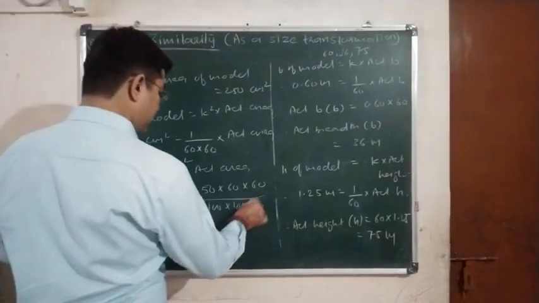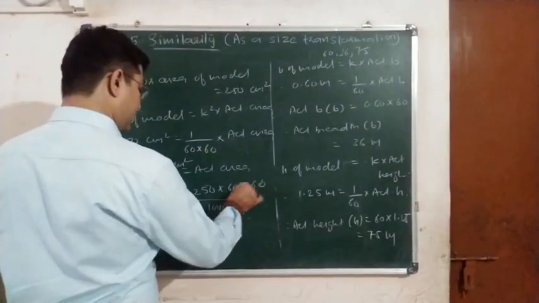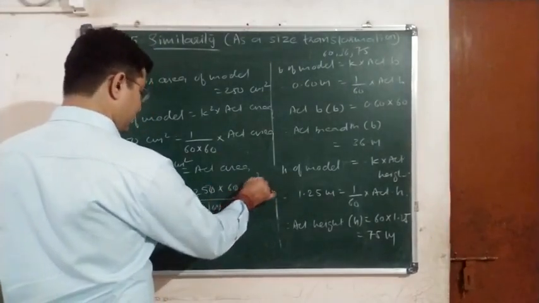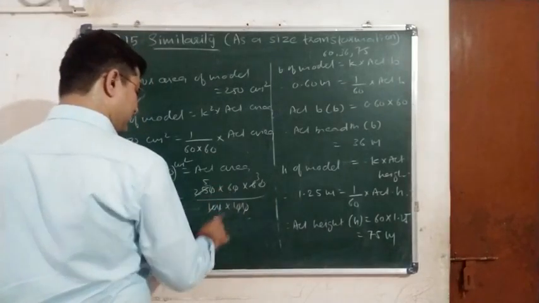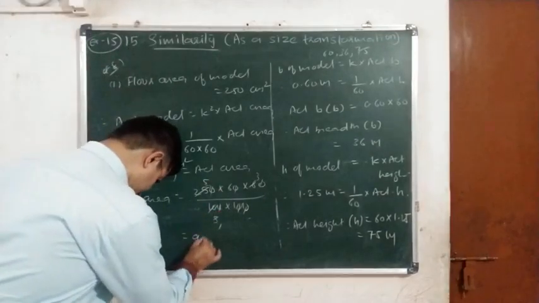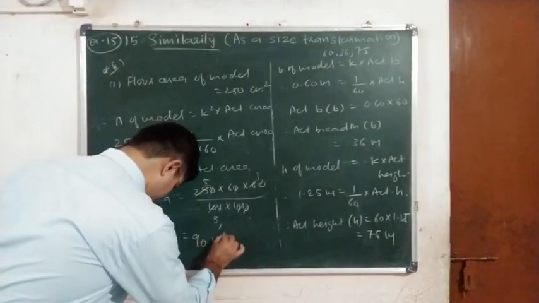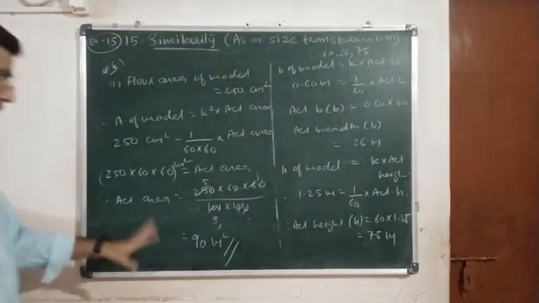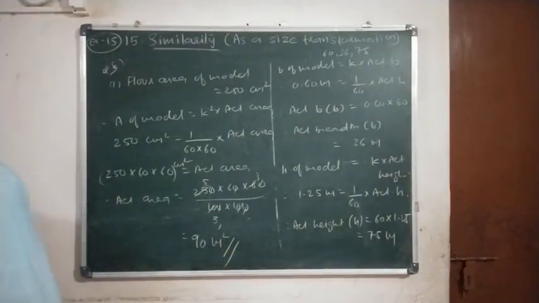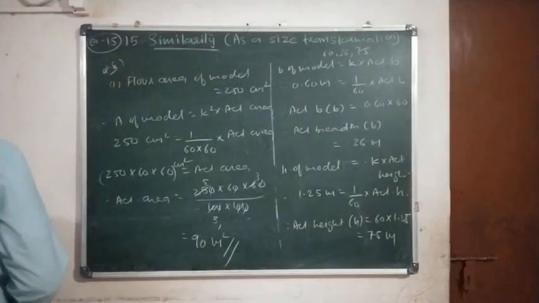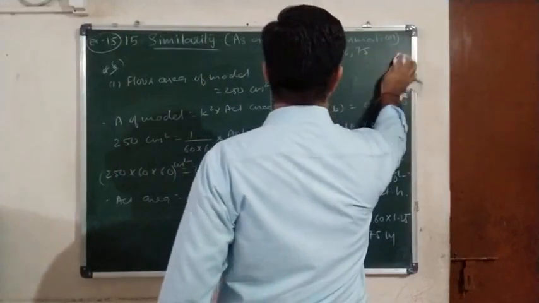So 2 3s are 6, 5s are 30, 30 3s are 90 square meters is the actual floor area. This is the first answer. Now the volume of the room in the model, we have to find. Actual volume is given 648. This is number 2.